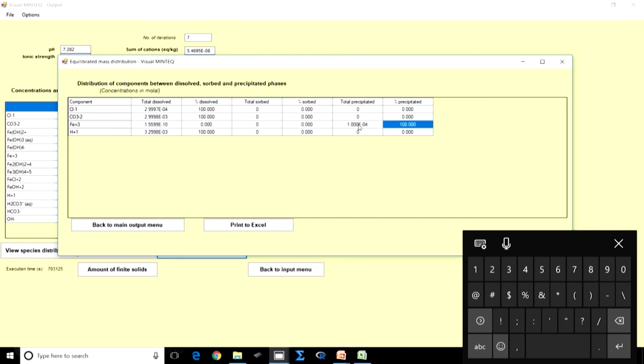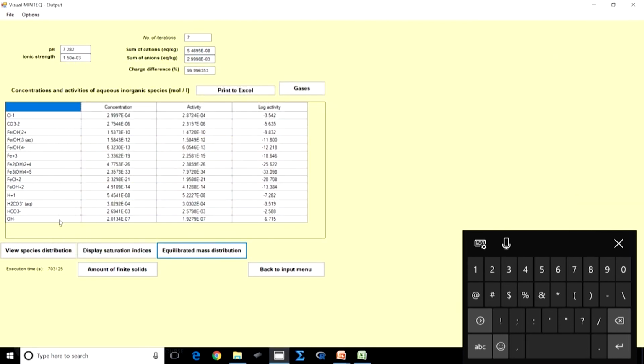And back to main menu, there are different kinds of species, but they are all going to be at relatively very low concentration, right. Why is that? Because iron almost 99.99% or 100% has precipitated out as ferrihydrite even at pH 7.2, right.